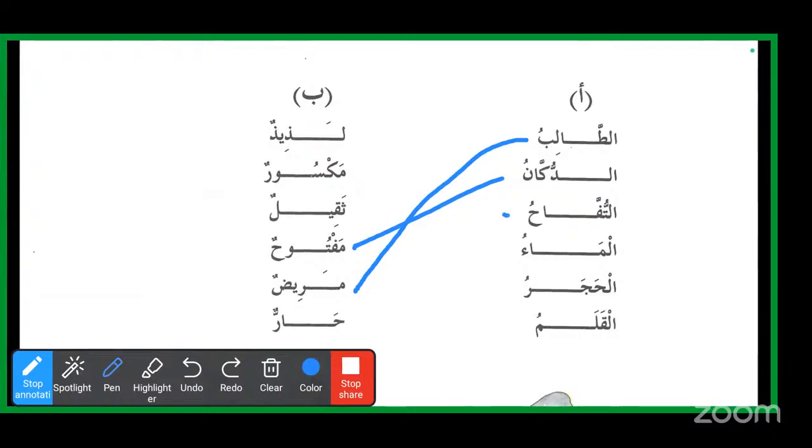And then الماء حار. Har. And then الحجر ثقيل. Thaqil. And then القلم مكسور. القلم مكسور. Mashallah, correct.